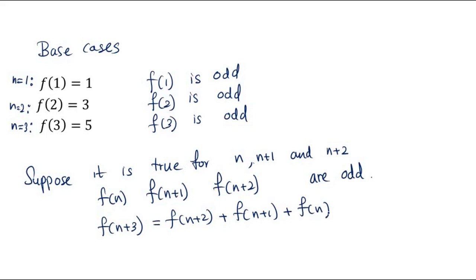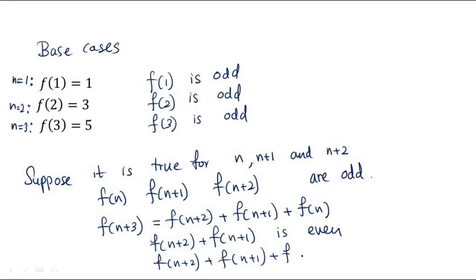Now note that we have assumed these are odd numbers. Now if we add two odd numbers, we get an even number. And if we add an even number to an odd number, we get an odd number. So f(n+2) + f(n+1) + f(n) is odd because this part is an even number and this is an odd number.